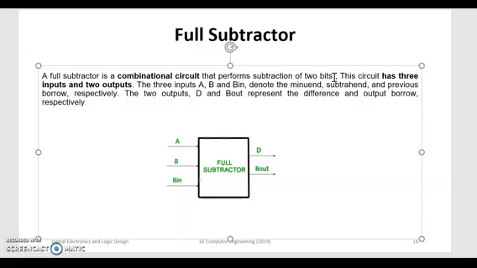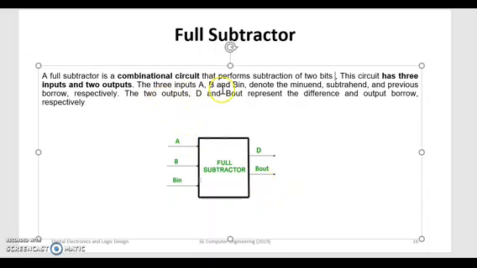If any borrow has been taken in previous bits, then that is B in. It generates 2 outputs: D stands for difference and B out, which is borrow. So this circuit has 3 inputs A, B, B in and 2 outputs D and B out.